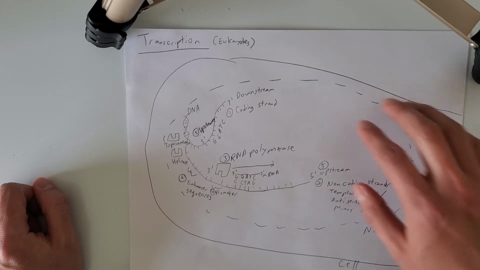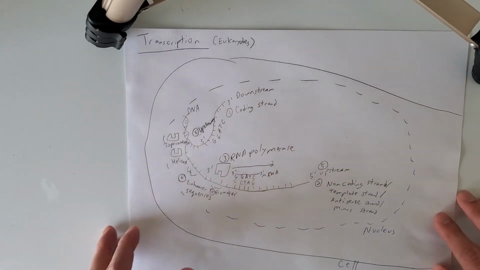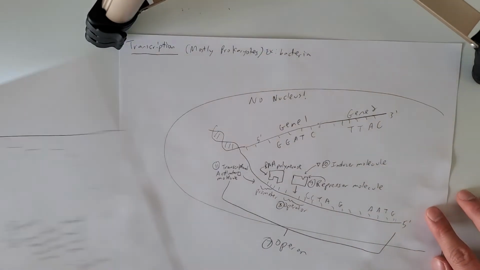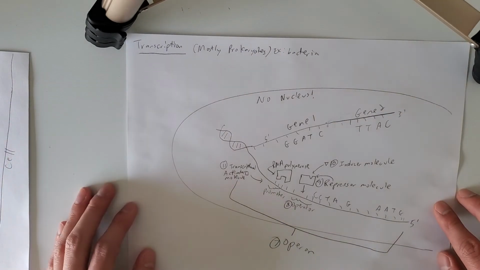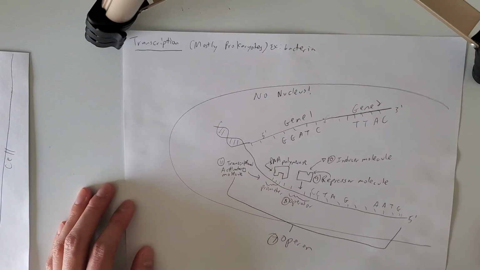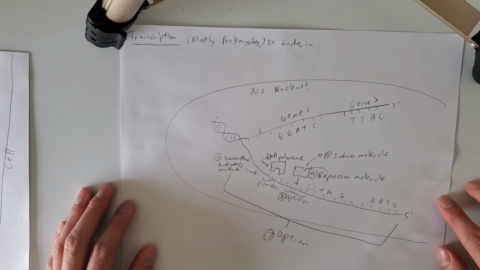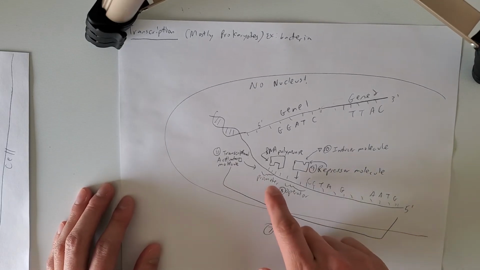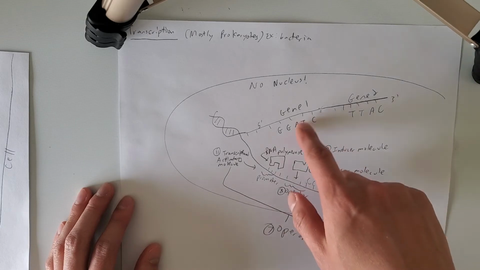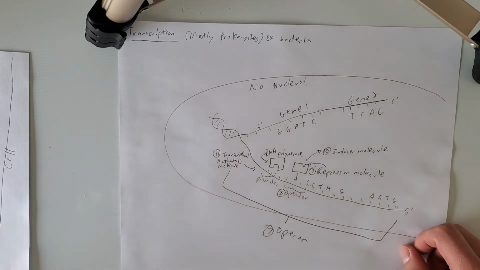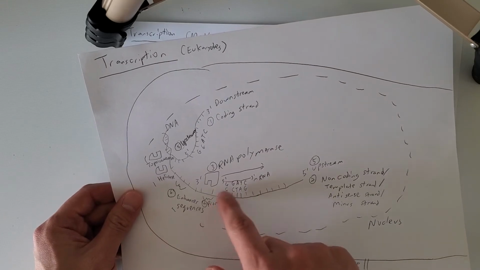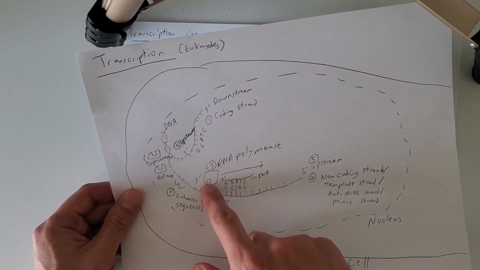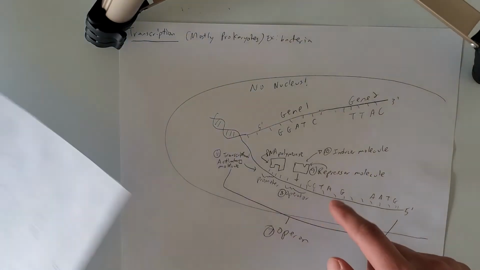Now, as I said before, this is transcription in eukaryotes. In prokaryotes, for example bacteria, there's no nucleus, right? But also on top of that, behind a promoter area, there's actually more than one gene. So in the last picture we just talked about, before each gene there's a promoter so that the RNA polymerase knows where to start.